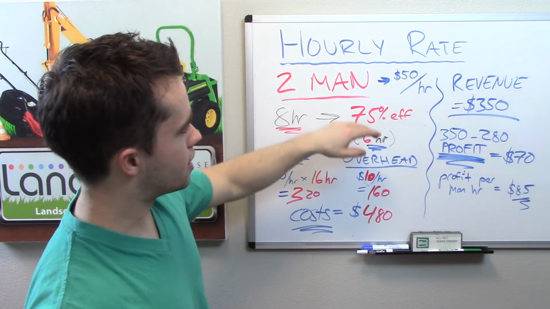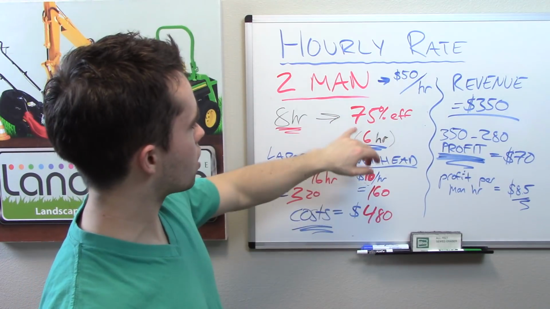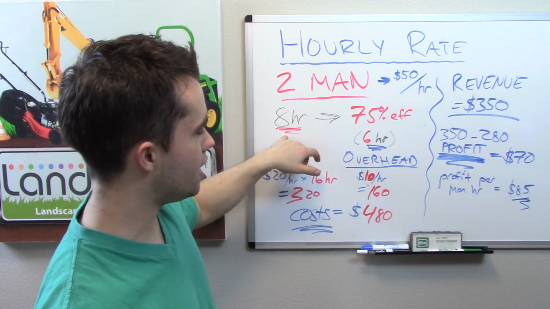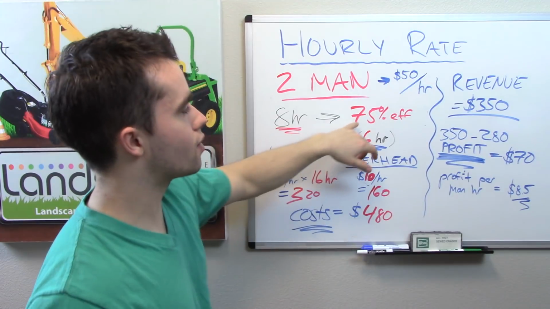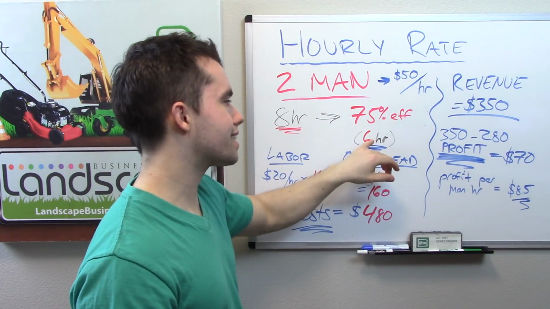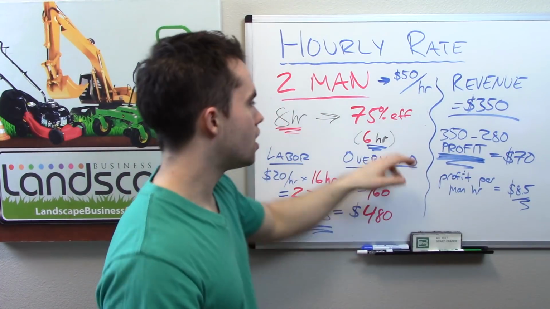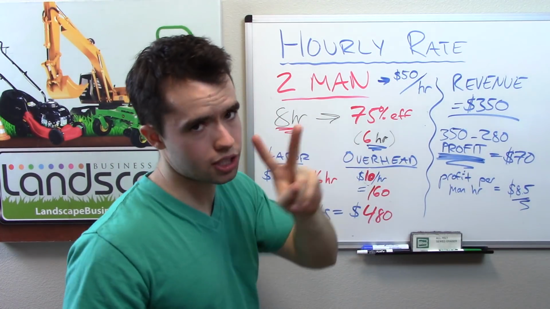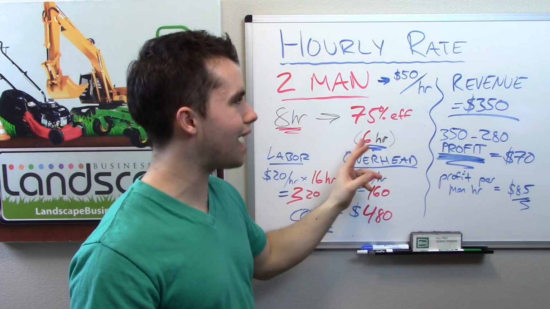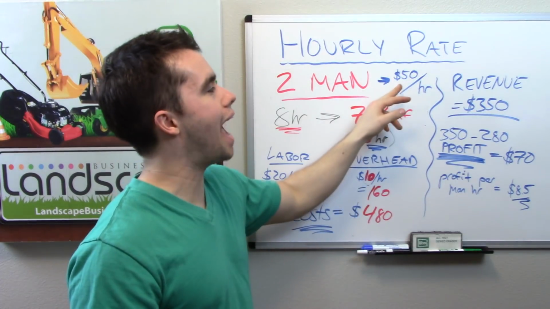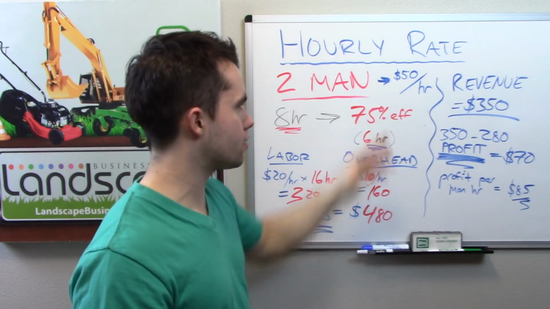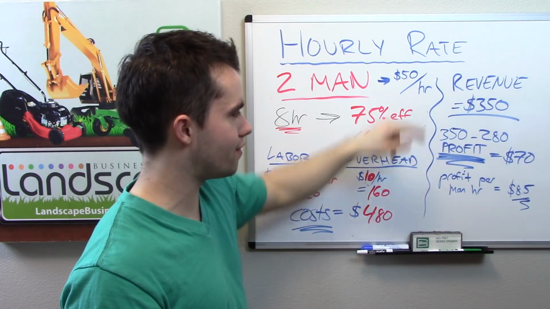Now, let's look at the revenue here because they worked a total of 8 hours per day each, so 16 hours total. However, they were 75% efficient. 6 out of the 8 hours they actually were on the job and doing things that were billable. So we're going to take that 6 times 2 because there's a 2-man crew. So there's 12 billable hours. We're going to times that by the $50 an hour rate, the hourly rate that they're working at, $50 per hour.